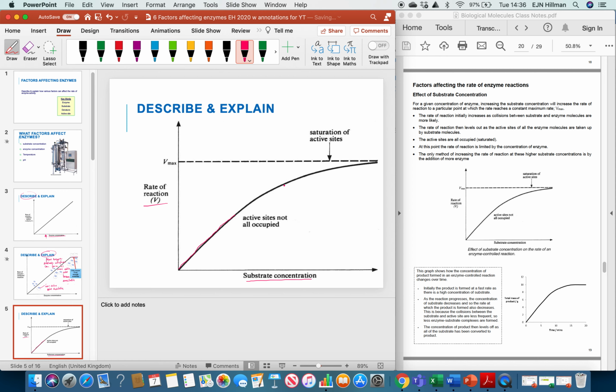However, in some of the graphs you'll see on exam papers, there is an obvious trend that the rate of the reaction doesn't increase with the same gradient. Eventually we reach this plateauing point where the rate of the reaction no longer increases despite an increase in the substrate concentration.